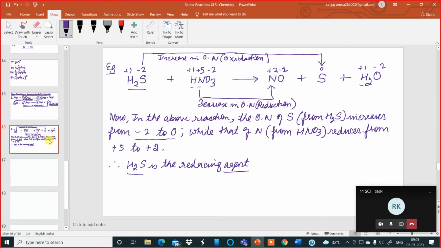And on the other side, nitric acid is undergoing reduction because the oxidation number of nitrogen is decreasing from plus 5 to plus 2. So since nitric acid is undergoing reduction, nitric acid is the oxidizing agent.